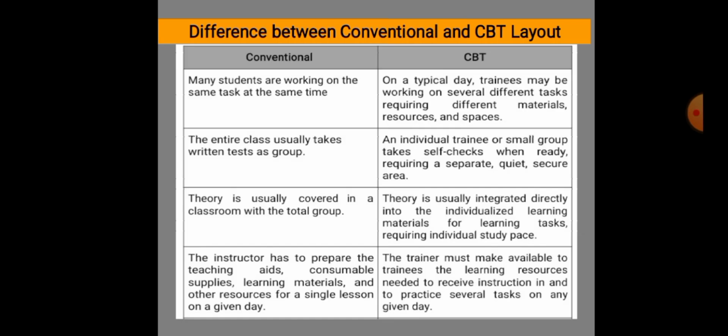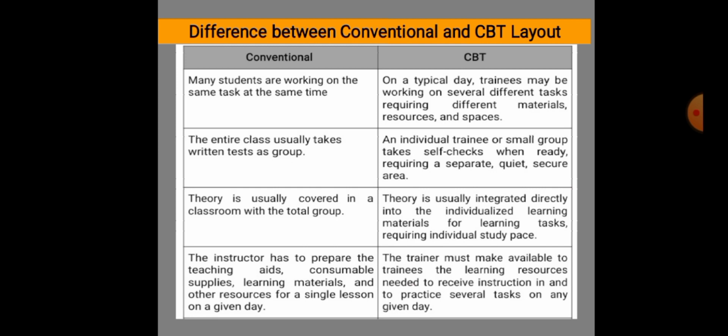Okay, a trainer would tend to go back to his conventional shop arrangement. To avoid this, you may consider the following differences between conventional workshop arrangements and that of the CBT workshop layout. So now let us determine the difference between the conventional and CBT layout.